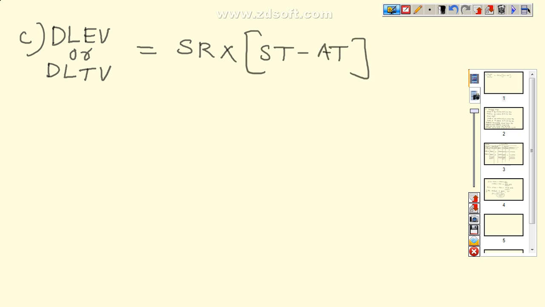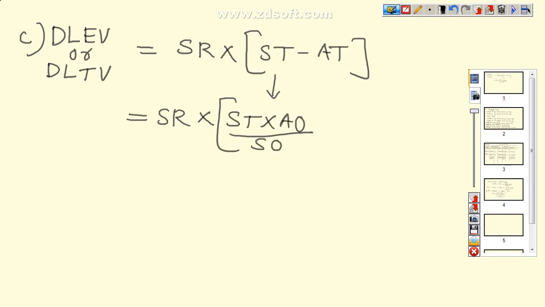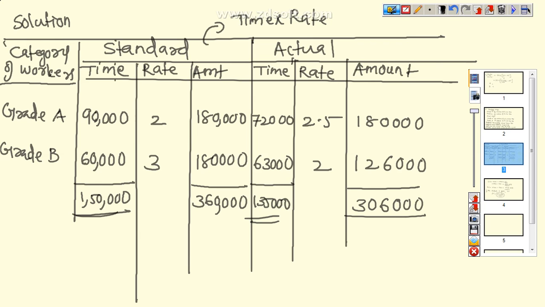Here we have to change this ST because the question is based on output, that is equal to SR multiplied by ST into AO upon SO minus AT. And there are two grade workers A as well as B. Standard rate according to the question is 2 and 3.